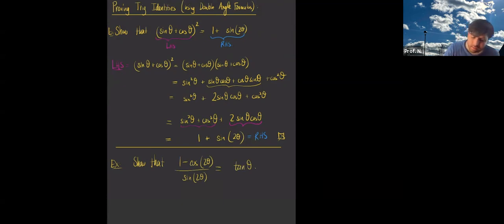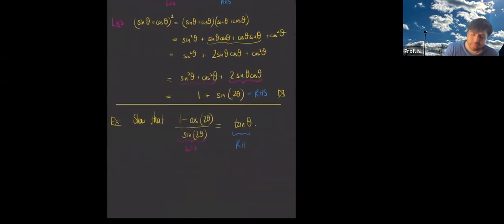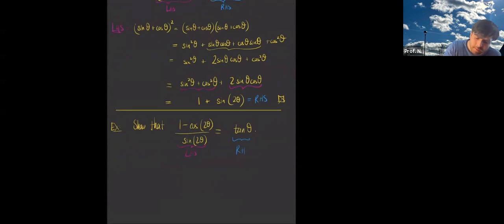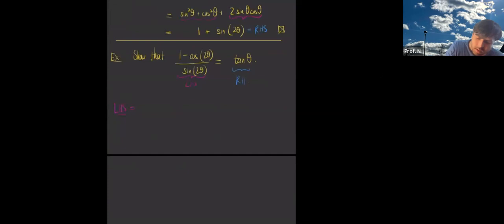Again, I got left-hand side, right-hand side. So let's start with the left-hand side because it looks more complicated. So we have to simplify the left-hand side. The left-hand side says 1 minus cosine of twice the angle over sine of twice the angle.